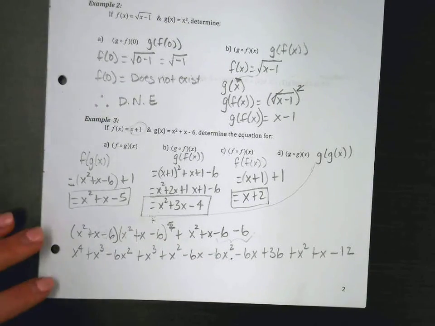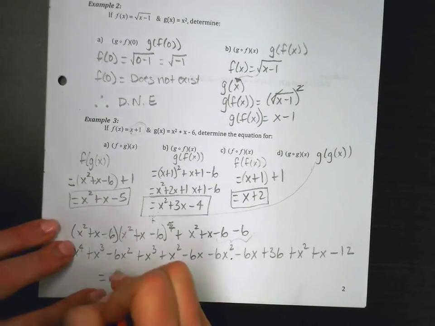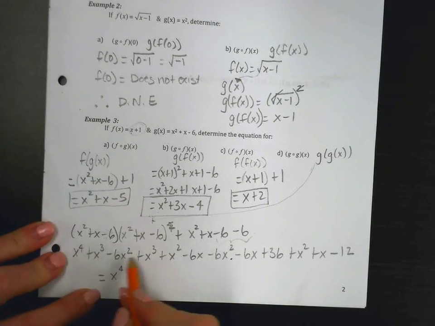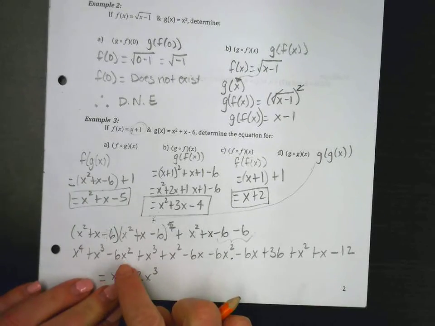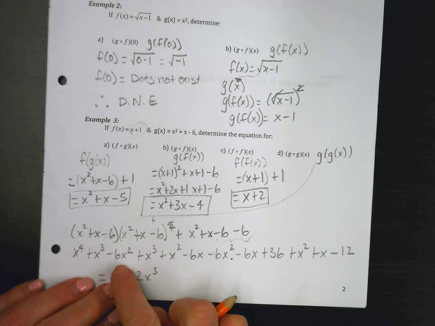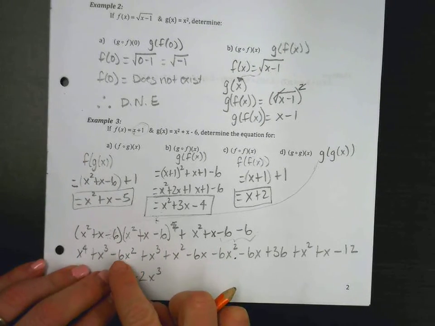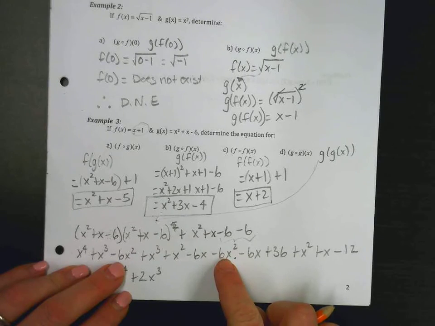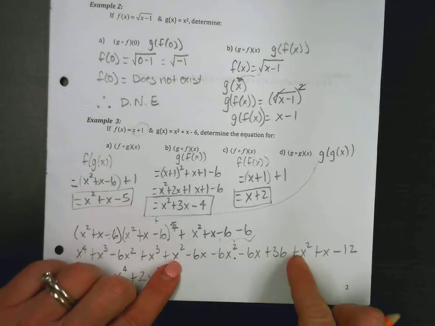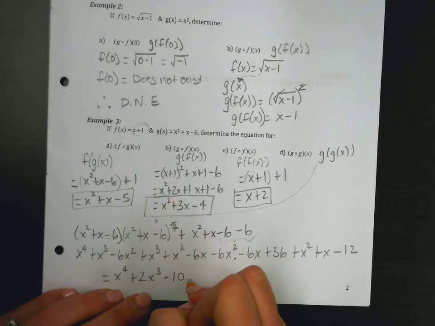So now I'm going to collect all of my like terms. So my final equation would be x to the fourth plus 2x cubed, minus 12 plus 2 would be minus 10x squared.